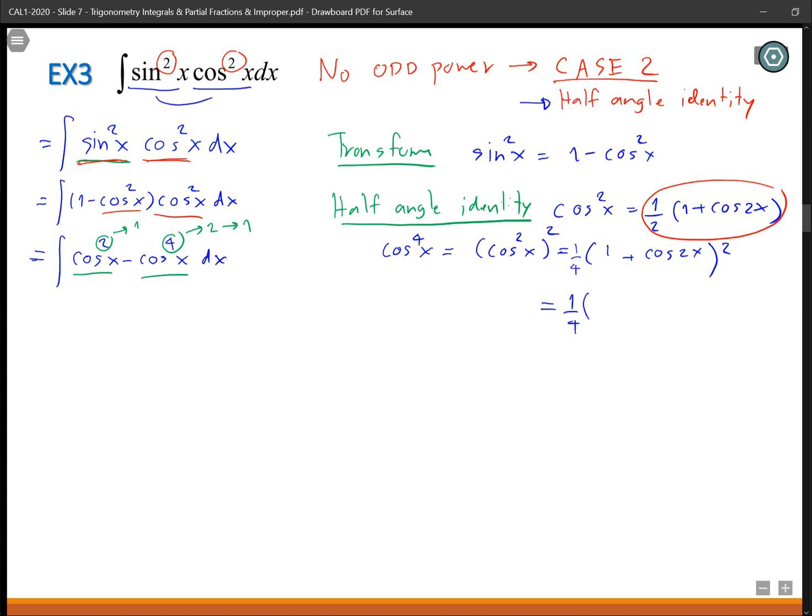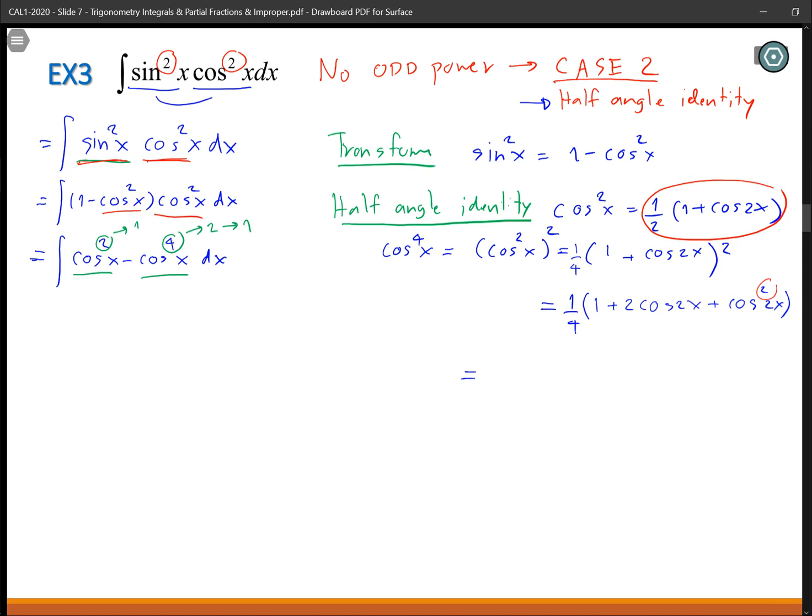Now I can perform the square of the 2 terms inside. That's going to be the front squared, plus 2 front back, that is 2 cosine 2x, plus back squared, that is cosine of 2x squared. Alright, now at this point you can see that we still have a problem here, because this power is still not 1.